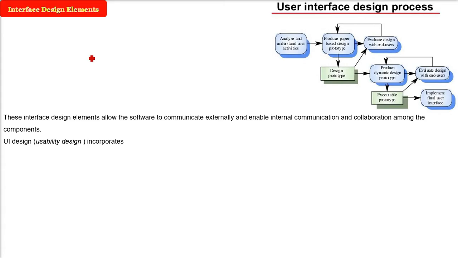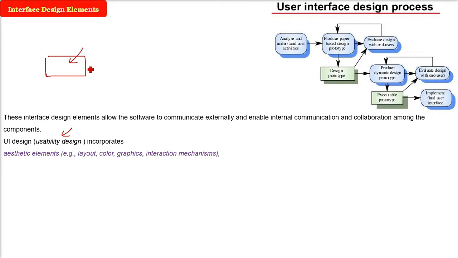So usability design, also known as user interface design, encompasses what? Aesthetic elements. What is the layout? What is the color? Is the color good for the eyes? Graphics, more graphics, less graphics, interaction mechanism.